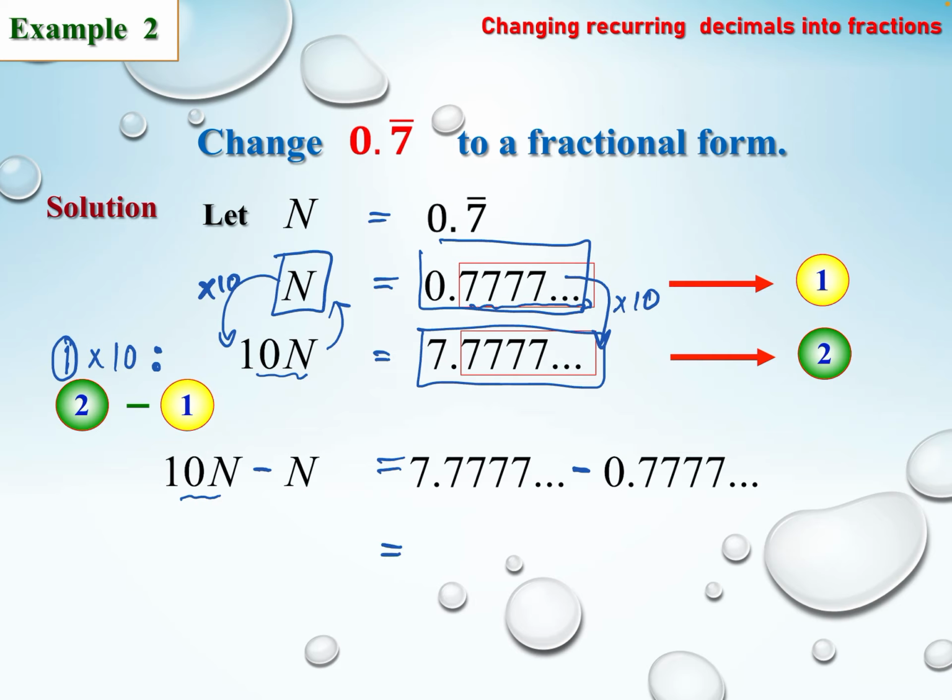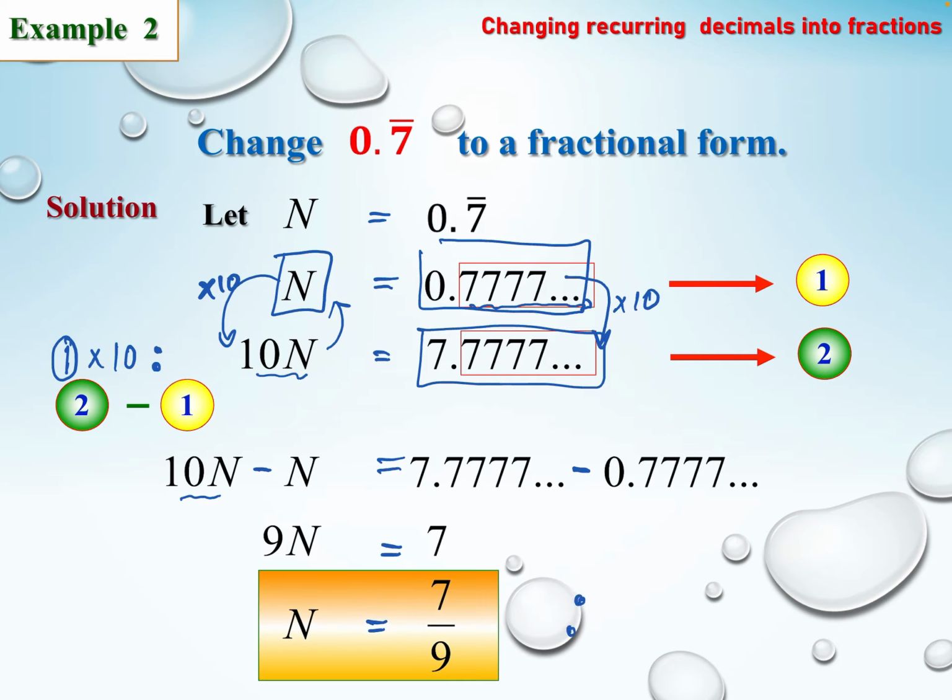Yes, in the left hand side, what will we have? 9n. In the right hand side, we have number 7 left. So n equals 7 over 9. So we can say that 0.7 with a bar on top of it like this. It's not a prime, it's the bar. Equals 7 over 9.